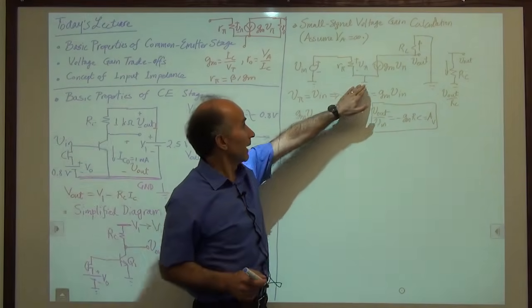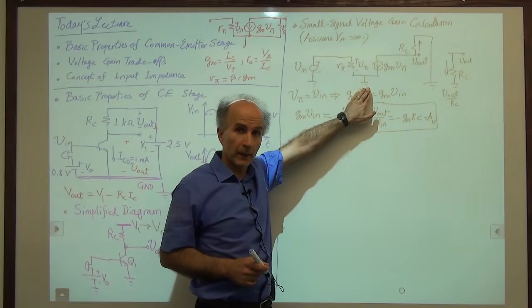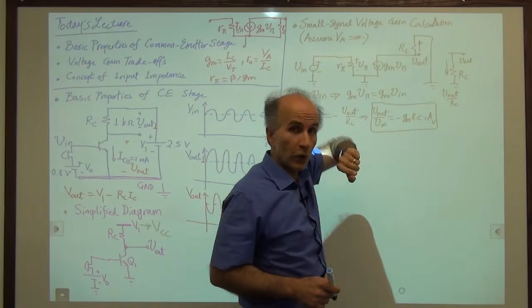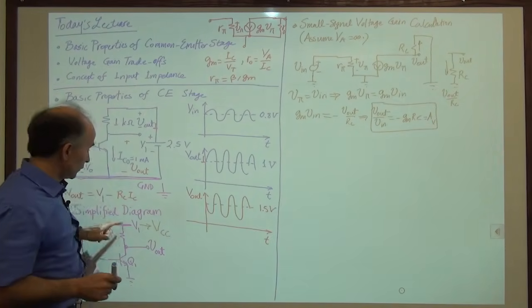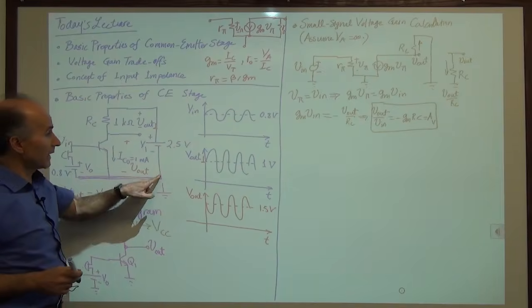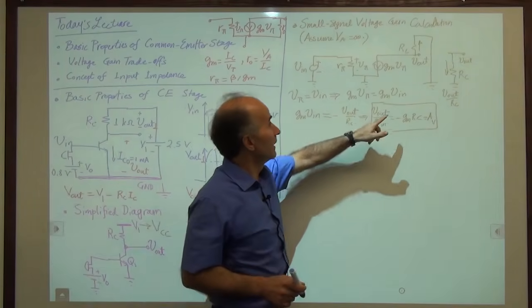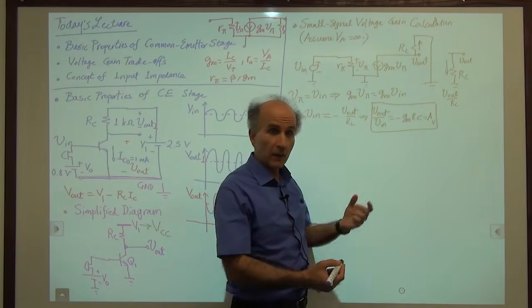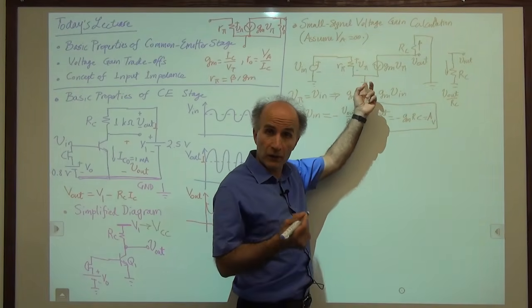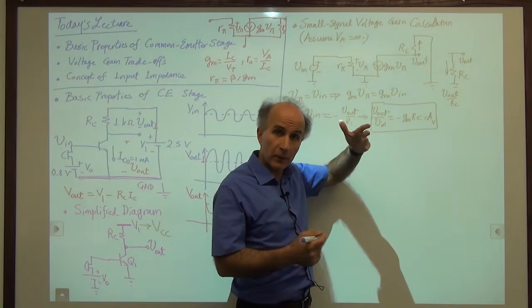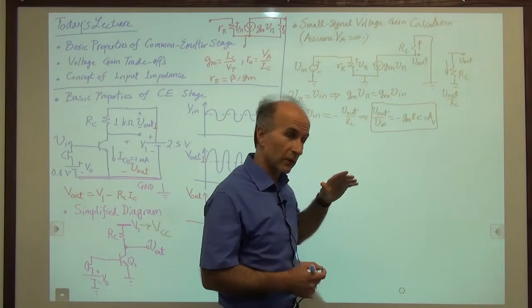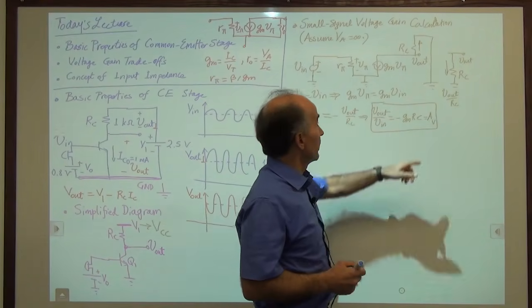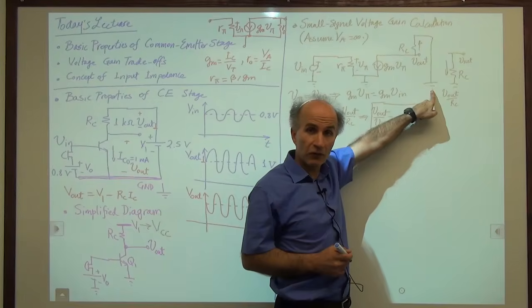The emitter still goes to ground, no problem. But the top terminal of RC, which used to be connected to the battery V1, is now connected to ground. So this ground and this ground have different origins. This ground was hardwired, so to speak, from the beginning. The emitter happened to be connected to the bottom wire, and we called it ground.